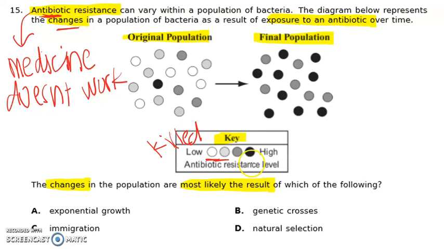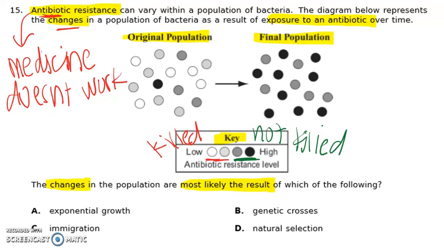But the darker gray and the black circles are going to be bacteria with a high antibiotic resistance level. That means that they are not impacted, so they are not going to be killed by our medications, by our antibiotics.